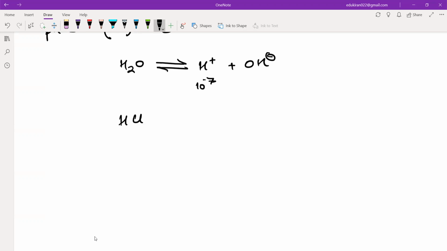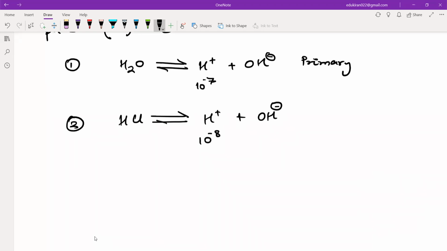And if I'm using HCl, then I'm getting H plus plus Cl negative, and the concentration of H plus here is 10 to the power minus 8. So the first reaction gives the larger concentration, the second reaction has a smaller concentration of H plus, and that is why the first will be our primary reaction.